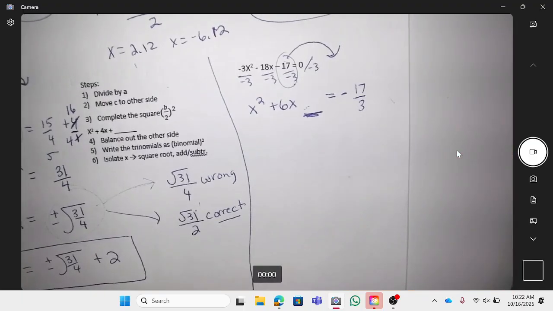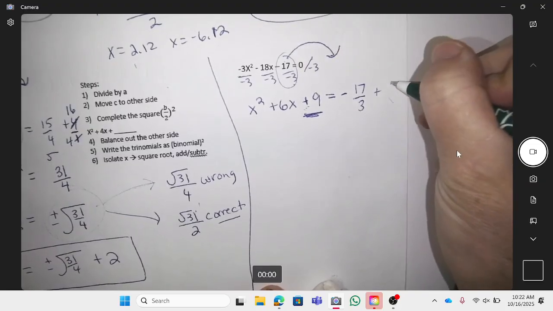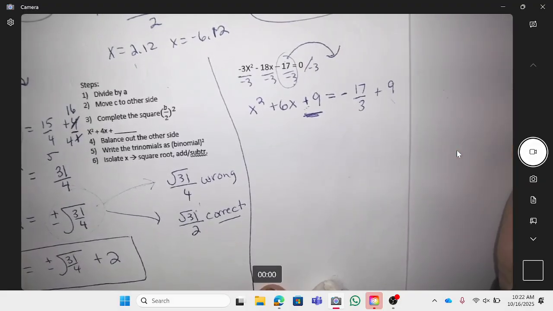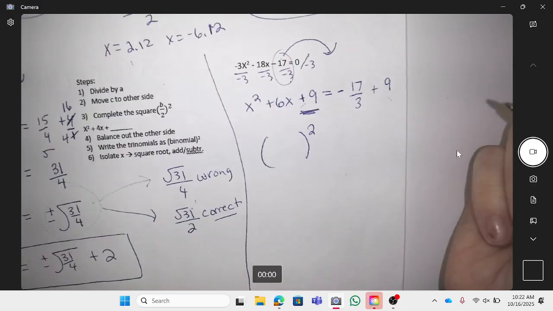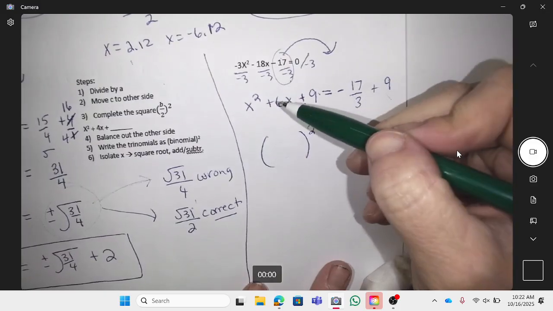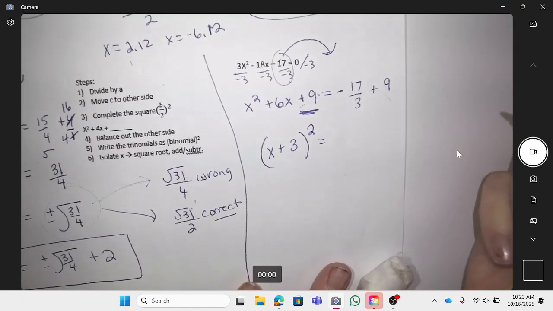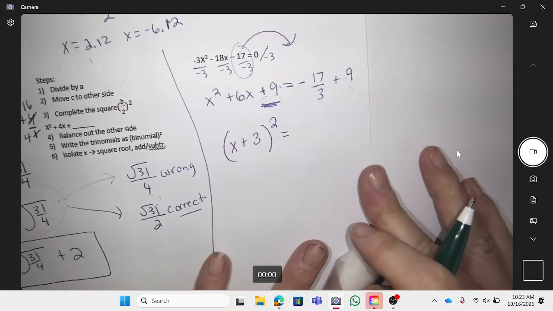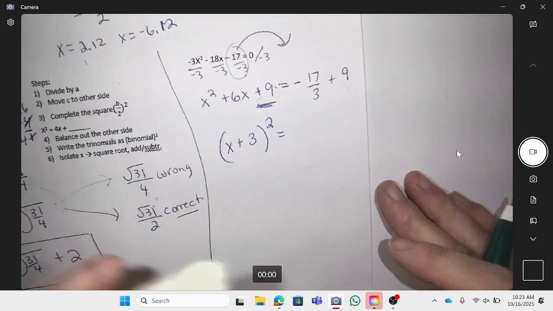Complete the square. Half squared makes a positive, always 9. Balance it. What squares to that? So what multiplies to the end and adds to the middle? Okay, we're doing fractions over here and we're not touching calculators.